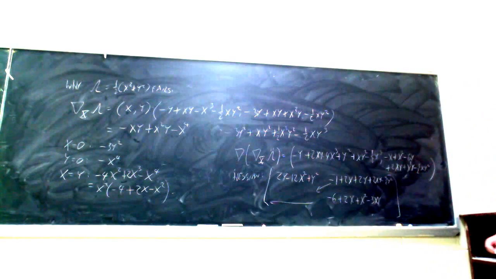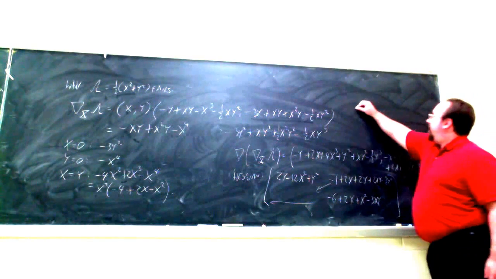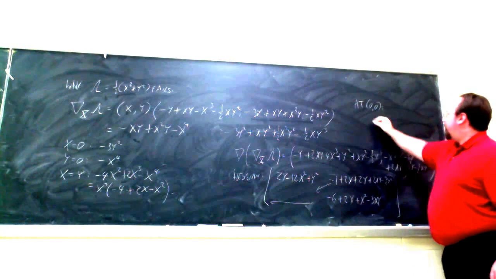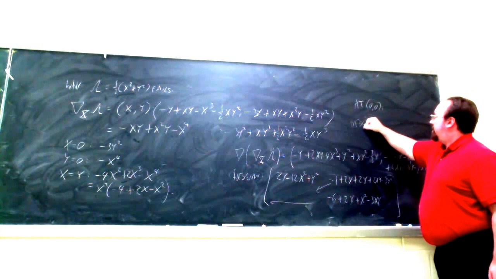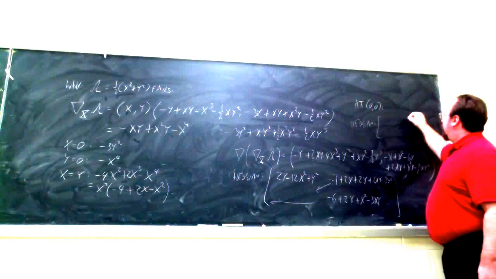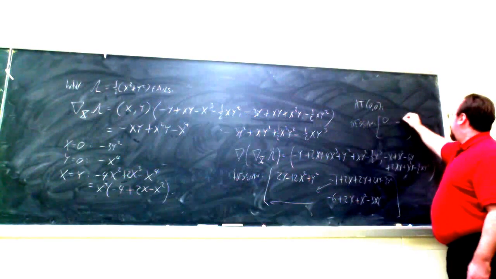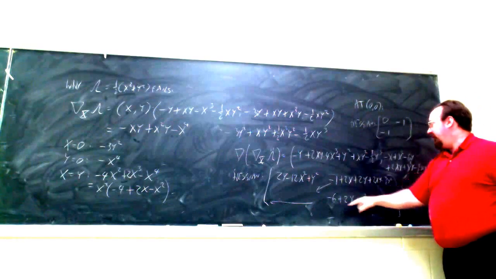So then, if you plug in at 0, 0, what you get for the Hessian is 0, minus 1, and then minus 6.